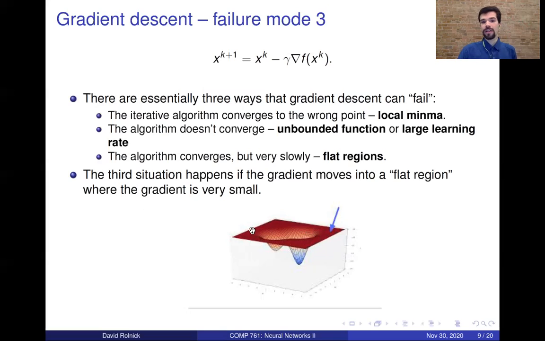So here you imagine that there is this big, deep minimum here. I guess a little local minimum here. But you are over here, and the function is super flat. So you would like to move in this direction, and your gradient maybe is slightly in this direction, but it's really, really small. And so you don't have enough oomph to get over to the minimum until you've taken a really large number of steps.